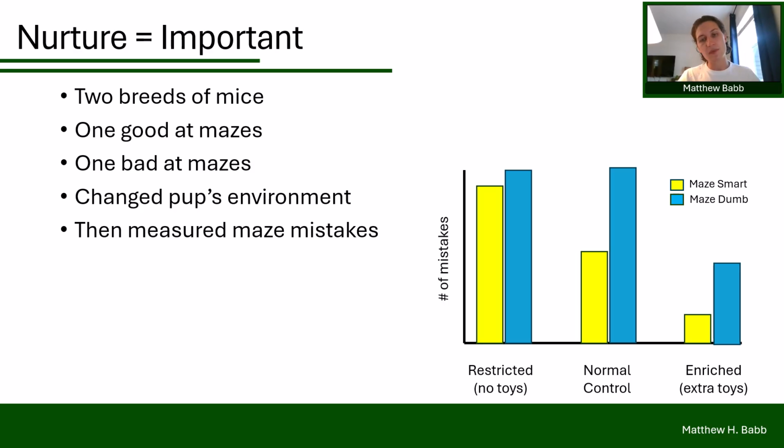But interestingly, an enriched environment can also do the opposite. If you take mice that are part of the maze dumb strain and put them in an environment where they can succeed and grow, with lots of environmental enrichment and toys, you can see that even though their parents and their genetic pre-programmed disposition for being bad at mazes means they should make a lot of mistakes, they actually have a significant reduction in the number of mistakes they make.